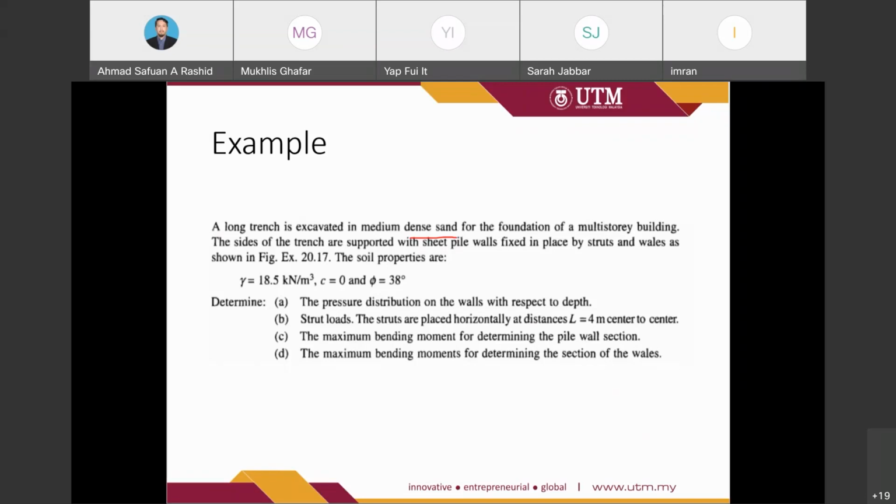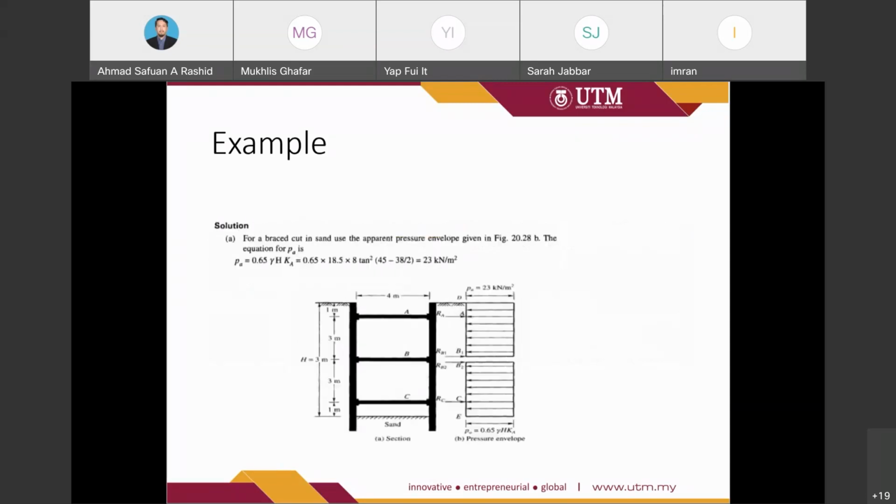So for this situation, we may use the apparent pressure diagram of a sand. So the solution for A, for a brace cut in sand, use the apparent pressure envelope given in B, which is this one. So the equation for PA is equal to 0.65 times unit weight times H times KA.